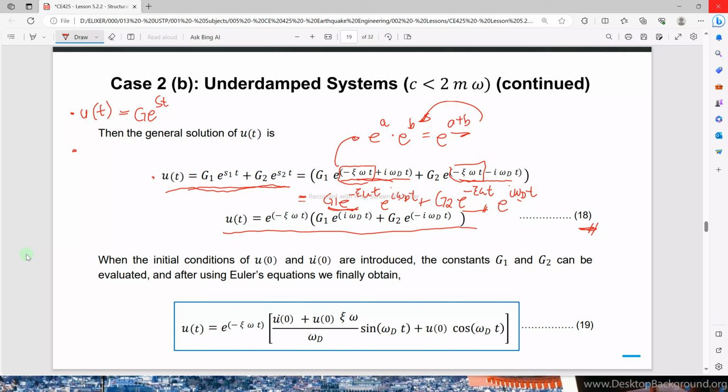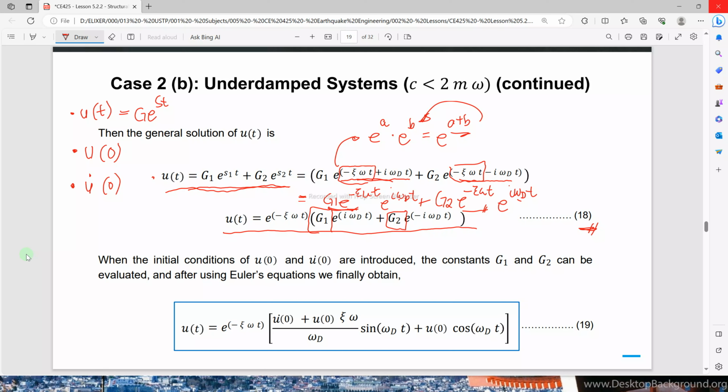If we have a general solution, to get the arbitrary constants G1 and G2, we use u0 and u dot 0. After that, you solve it algebraically, by elimination or depending on your style, whichever is easier for you.